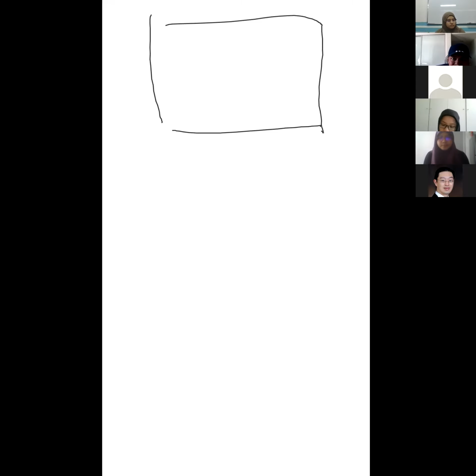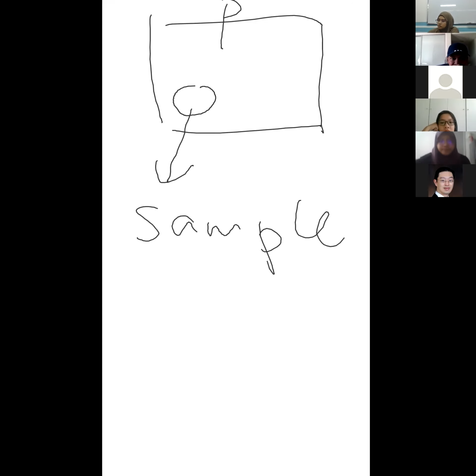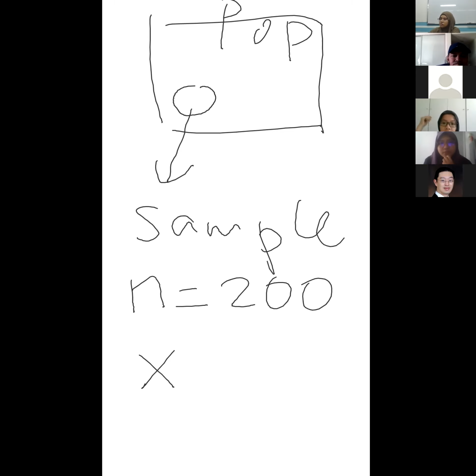Okay. Now, before I move on, let me just draw this for you. This is our population, and from our population we take a small sample out. So our sample of size n equals 200 gives us X bar equal to 4,000, right?